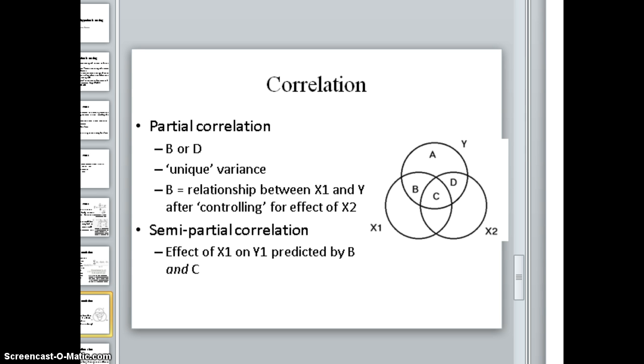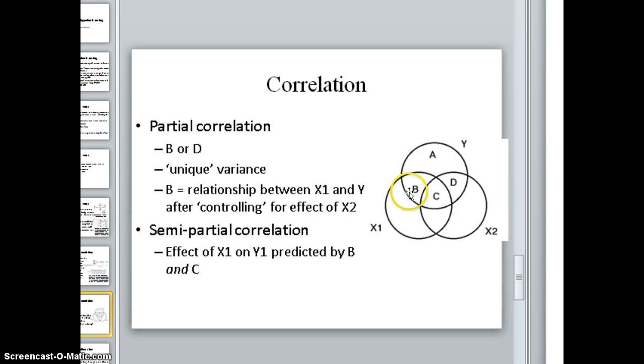Sometimes predictor variables are related to each other, and they're also related to the outcome variable. When we want to know what one variable specifically or uniquely predicts, we can conduct what's called a partial correlation. The partial correlation between x1 and y is depicted by the b.